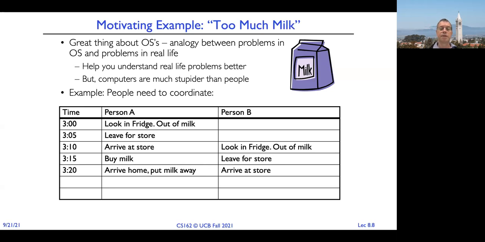During this time, person A left the store, arrived home, and put the milk in the fridge, while person B is at the store buying milk. And then at the end of the day, we are going to have 2 bottles of milk in the fridge. Okay, so this solution certainly doesn't do what we wanted, which was to not buy too much milk.